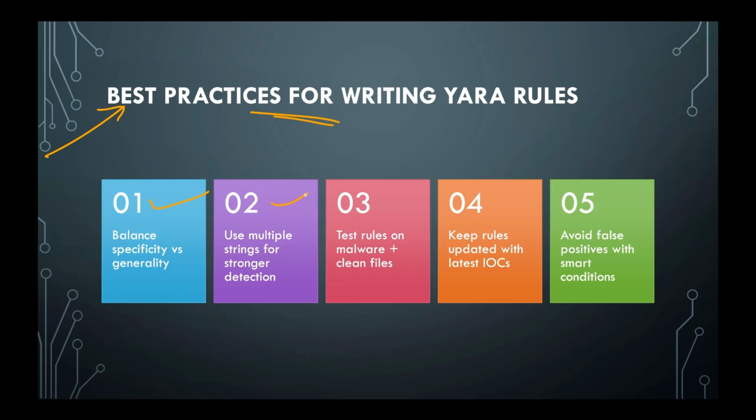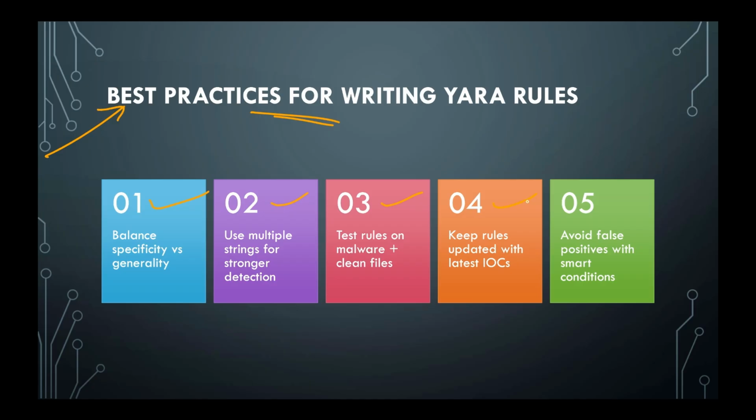Number two, use multiple strings. So combine string like text and byte patterns in your rule to make them more robust. So a combination of pattern is more likely to trigger for the right malware. Then test your rule. So always test your YARA rule on set of known malware sample and benign files to ensure they work correctly without too many false positives.